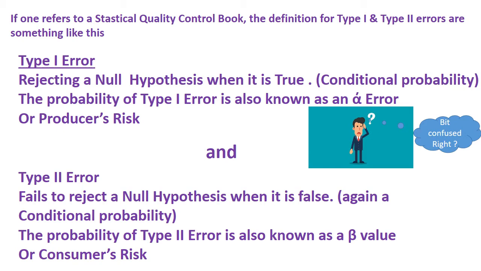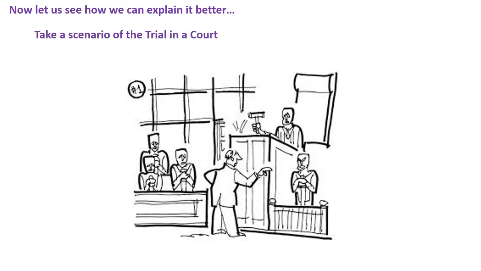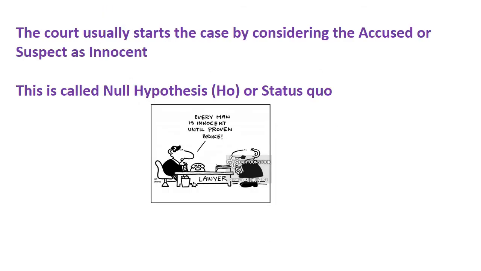A bit confused, right? Now let us see how we can explain it better. Take a scenario of the trial in a court. The court usually starts the case by considering the accused or suspect as innocent.